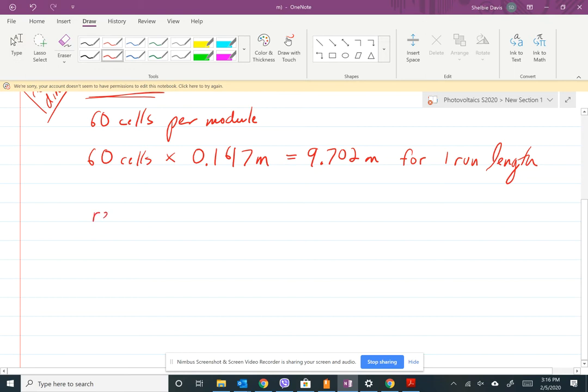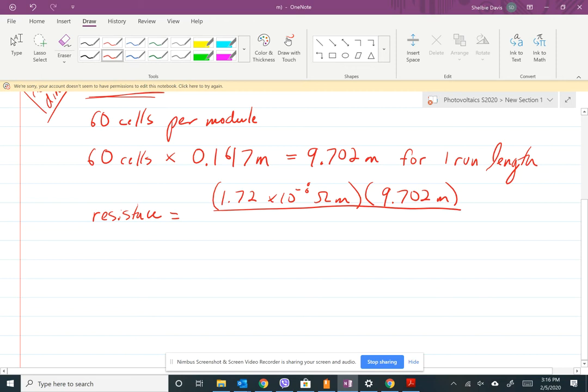So we have resistance is going to be equal to our resistivity, first of all, 1.372 times 10 to the negative 8 ohm meters times our length, which is 9.702 meters, over our, what am I doing?